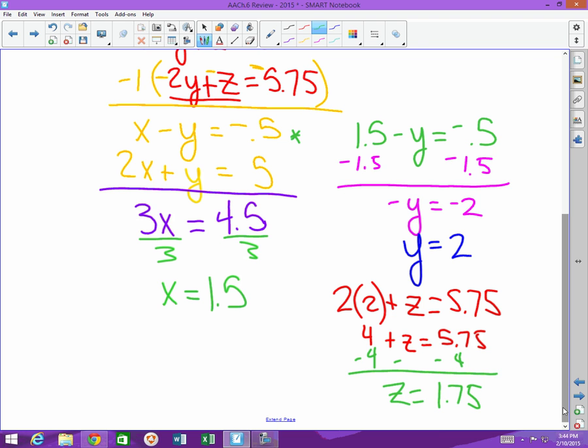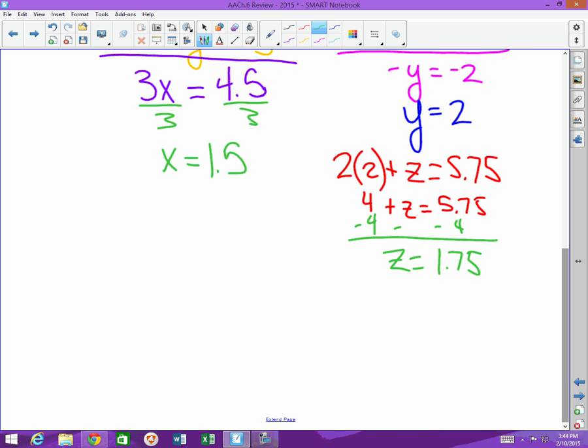And so now, because this is a question and actually has some real meaning to it, you need to state your answer. So the chicken fried rice will cost $1.50.